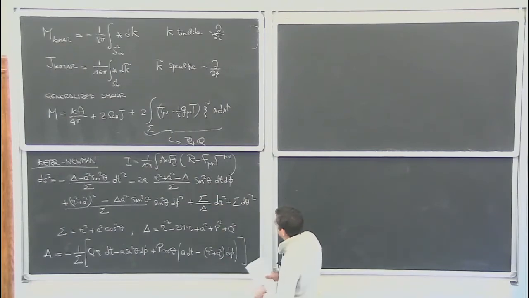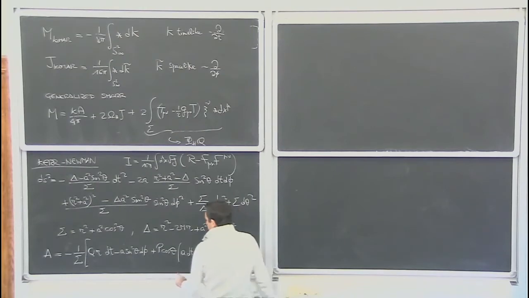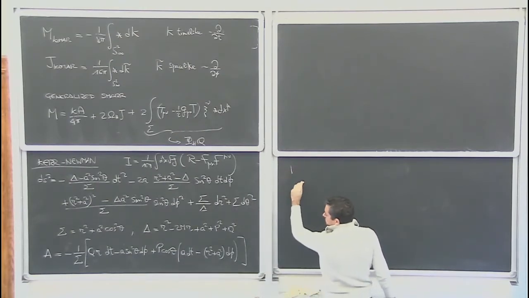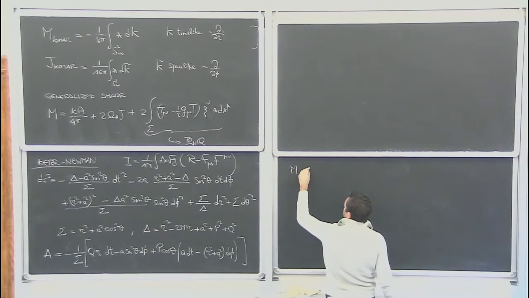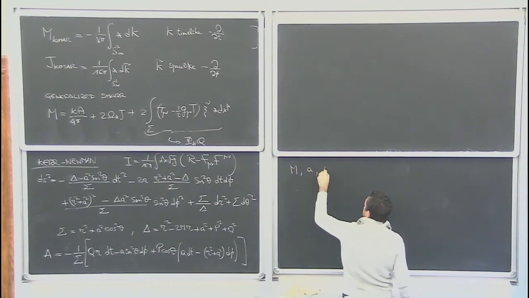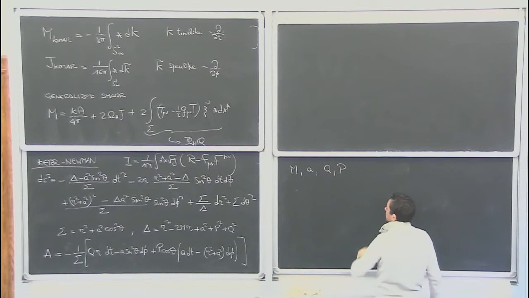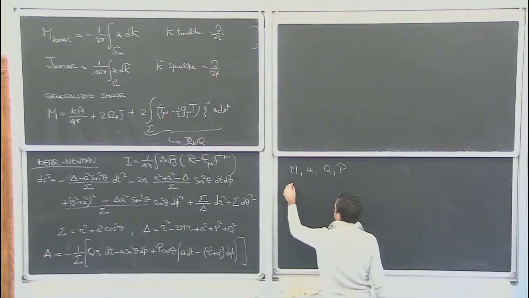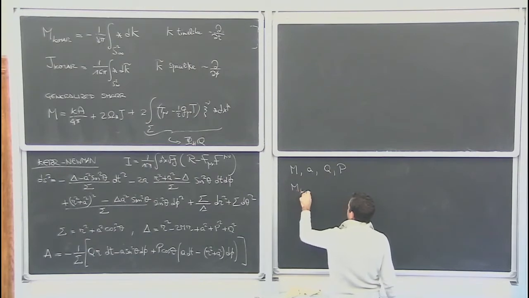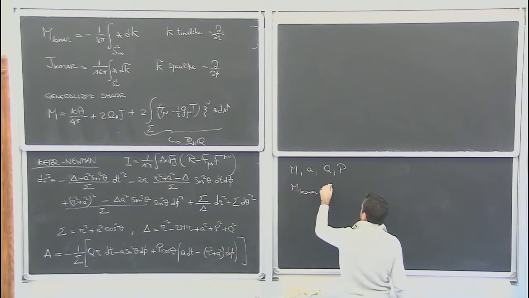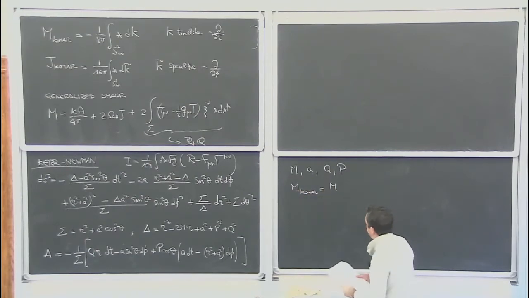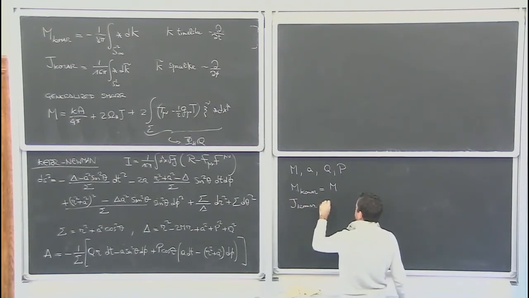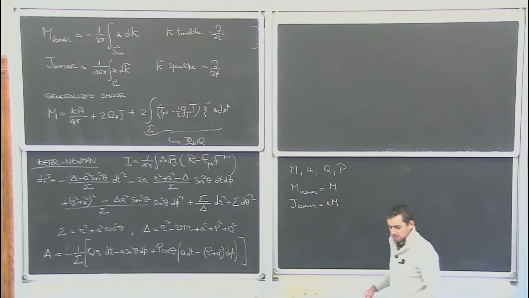And then we had the parameters M, A, Q, and P. And I claimed that if I measure the Komar mass, I get precisely M, and if I measure the Komar angular momentum, I get A times M.